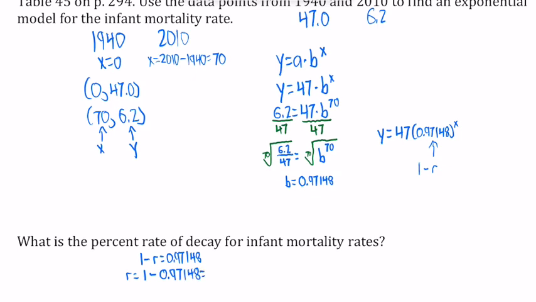If we calculate that, we would have that r is about 0.02852. That's a decimal. To put it in percent form, we would move the decimal point over 2 spots, and it's about a 2.852% rate of decay.